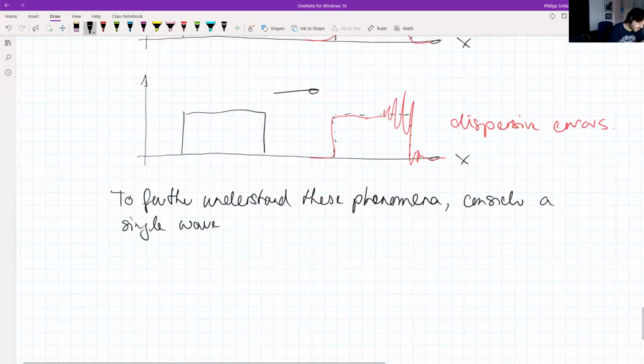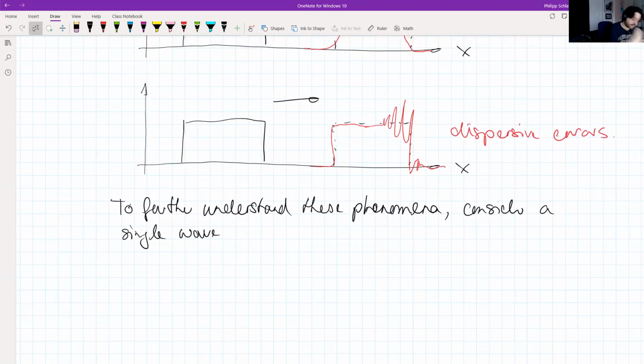A wave solution, which maybe has the form: u is û times e to the i(kx − ωt). This would be the way that I would typically write a wave. There are slightly different conventions, whether or not you include the omega or the k inside the i or not. But this is the way that I prefer it.